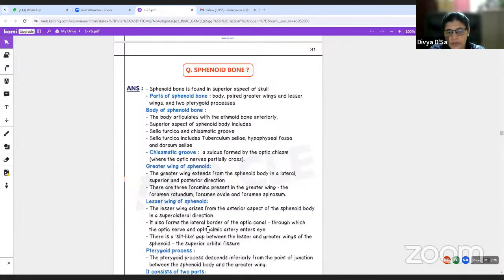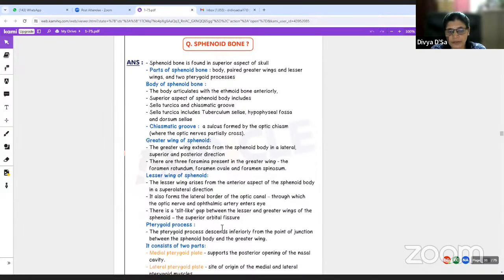It forms the lateral border for the optic canal, through which the optic nerve and the ophthalmic artery enter. Between the lesser wing and greater wing, as I told you earlier, there is a fissure called the superior orbital fissure.